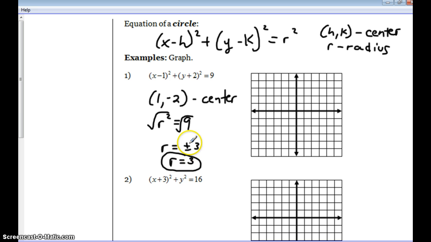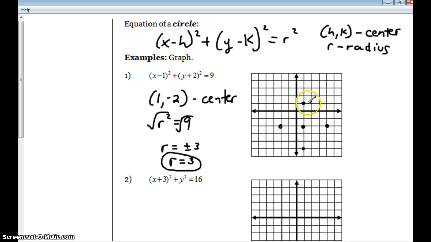Remembering back from geometry, to graph it we first graph the center point. So we put a dot at (1, -2), and then we use our radius of 3 units to draw our circle. From the center, we go 3 units in each direction: 1, 2, 3 above, 1, 2, 3 to the left, and 1, 2, 3 down.